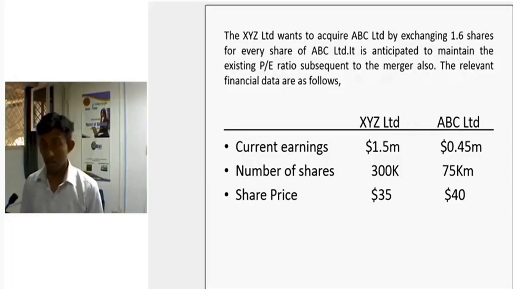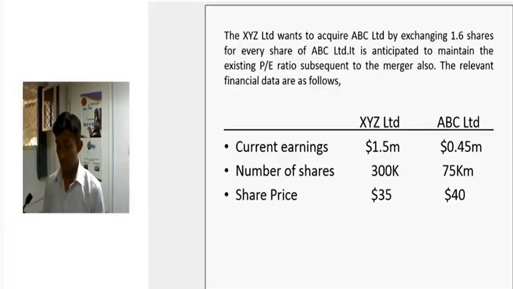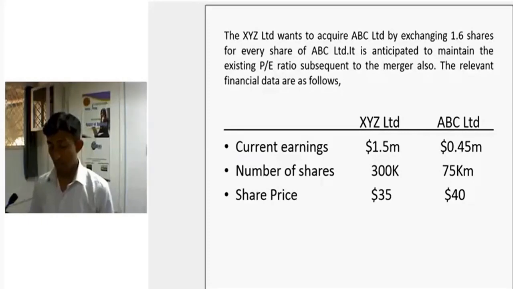So you need to keep in mind, this is not a cash mode of payment. This is a share exchange, and for one share of ABC, XYZ is willing to give 1.6 shares, right? And it is anticipated to maintain the existing PE ratio subsequent to the merger also.